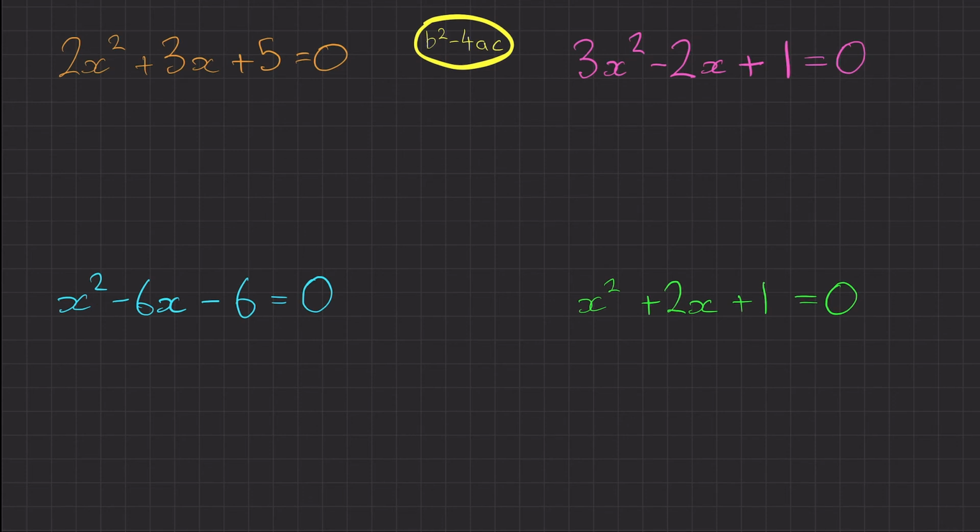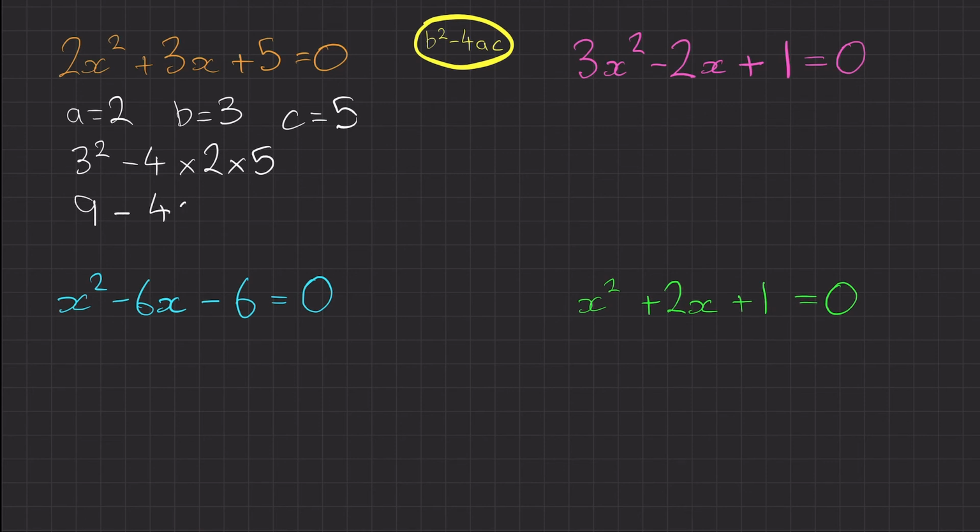So the first question in orange, I'll break this down quite nicely for you. We've got a equals 2, b equals 3, and c equals 5. So therefore, b squared, or 3 squared, minus 4 times a times c, which equals 9, take away 40, which equals minus 31. Therefore, there are no real solutions.